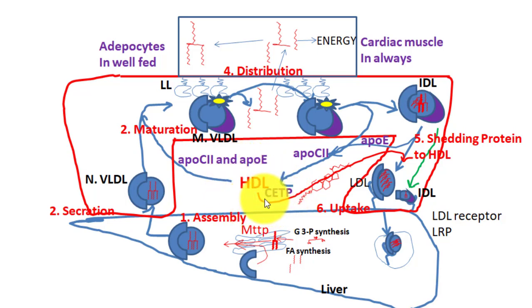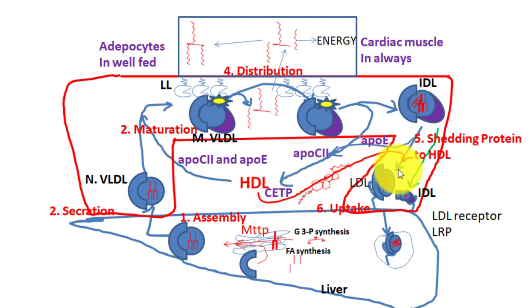So this protein will transfer cholesterol ester from HDL to LDL. This is a very important step in HDL metabolism. How HDL does reverse cholesterol transport, we'll talk about in the next class.